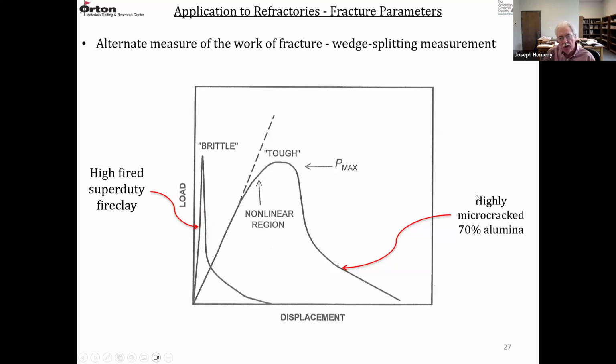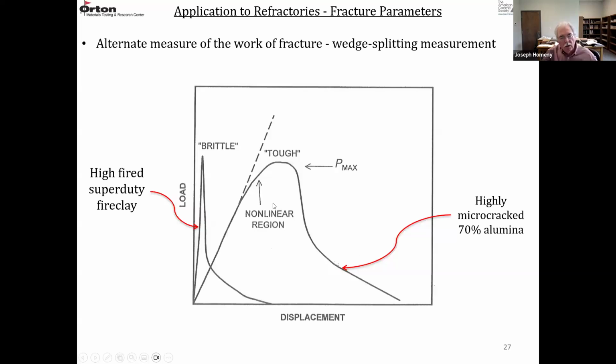But if you have the opposite type of sample that's thermally shock resistant, like a highly microcracked alumina, you get this stable crack growth. Here's where your nonlinear behavior takes place. So this is considered brittle. This would be a tougher material. The advantage again of wedge splitting is that you're going to a much larger sample size.